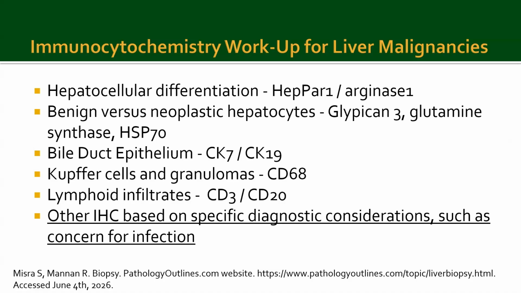If we're trying to target bile duct epithelium, CK7 and CK19 are very common. If we're targeting Kupffer cells, which are the macrophages that live in the liver, or granulomas, CD68 can be used. For lymphoid infiltrates, CD3 and CD20 are very common. And all other IHC diagnoses are based on specific diagnostic considerations, such as concerns for infections.